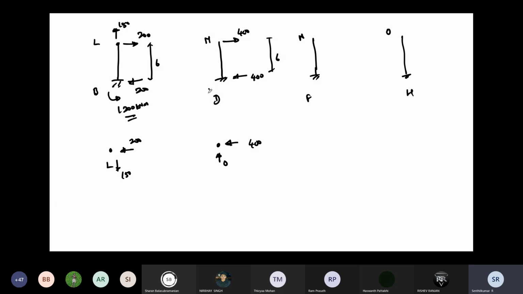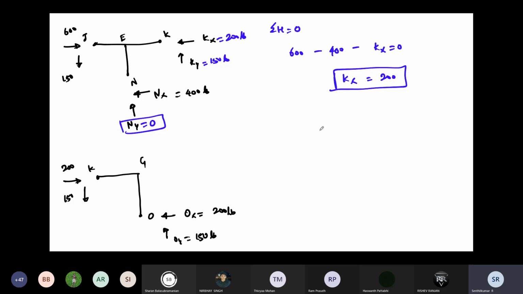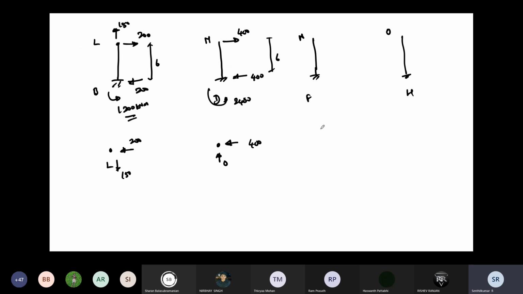This will again be 400 into 6, 2400 kN-m. So what about N? N is the same direction, same value, 0. Both are identical, not symmetrical. So I can have 400, 6 meter, then again this will be 2400 kN-m.